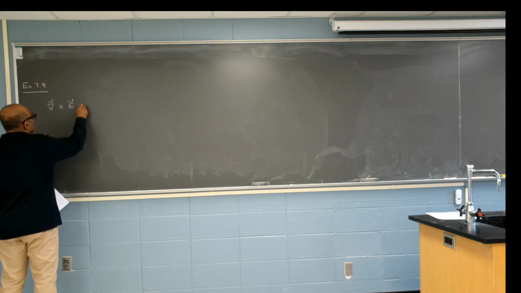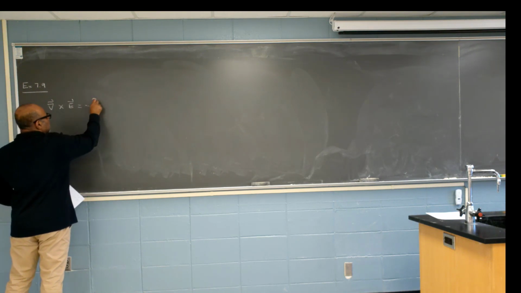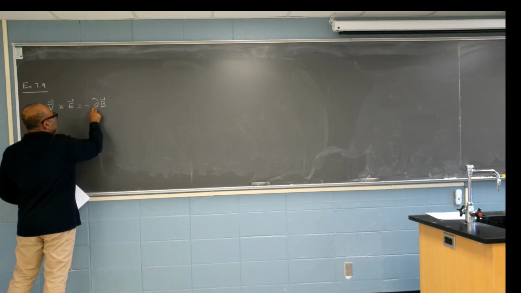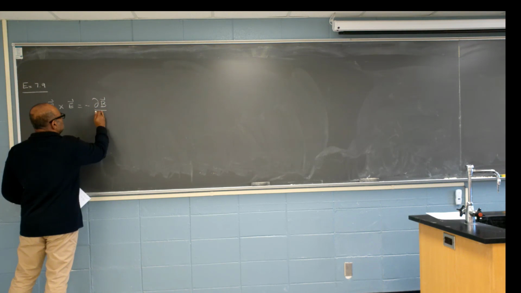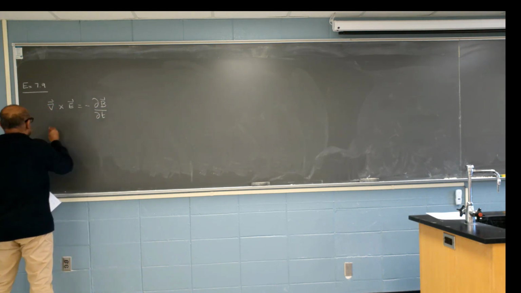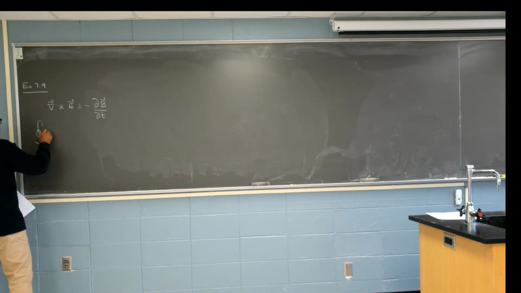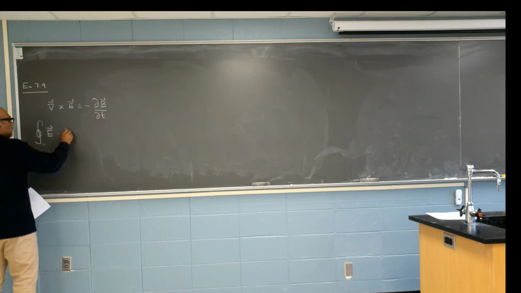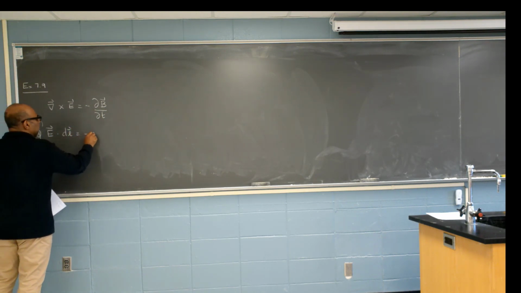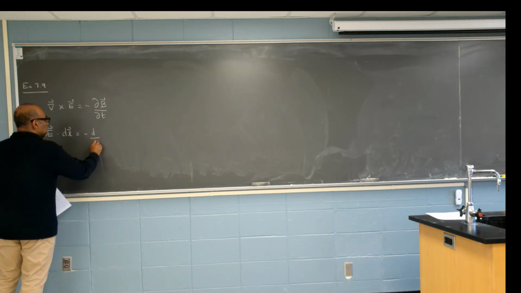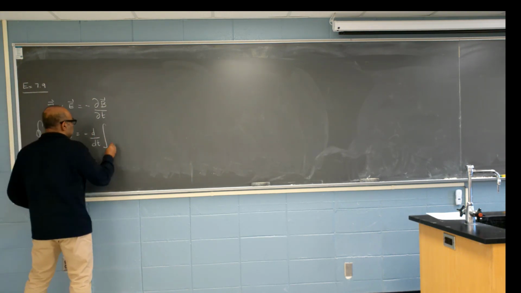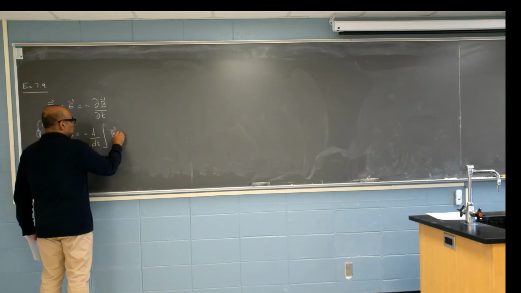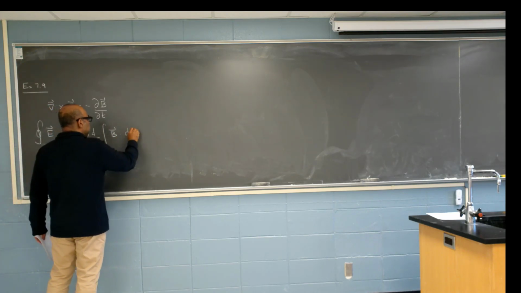Faraday's law, and I'll tell you what this problem is. Minus dB/dt. It has an integral version. It is the integral of E dot dl, because I can use Stokes' theorem. And I can also bring this out, and I get B dot dA.